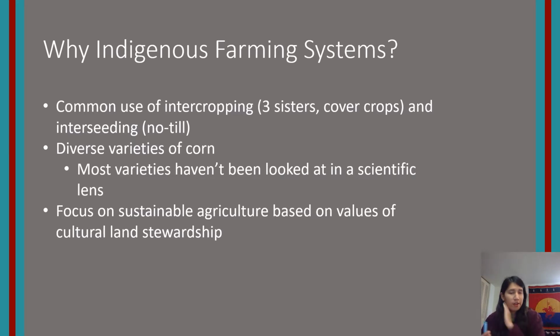So these systems are already diverse, and even further honing in on that, look at these varieties of crops. In this case, for this project, we're looking at corn, and we see all these different varieties of corn grown by different communities and tribes, and a lot of these haven't really been looked at through a scientific lens.